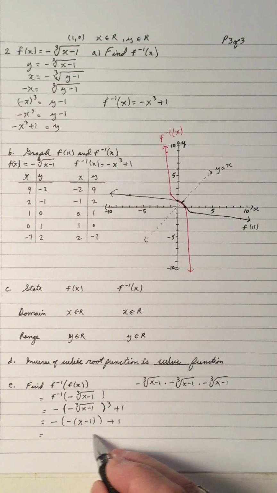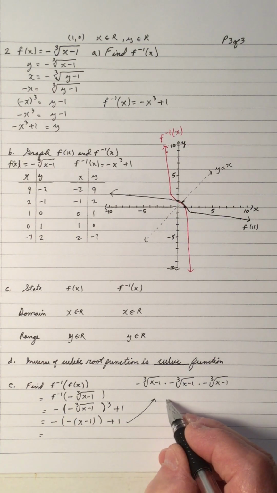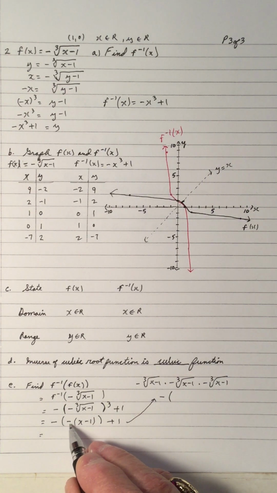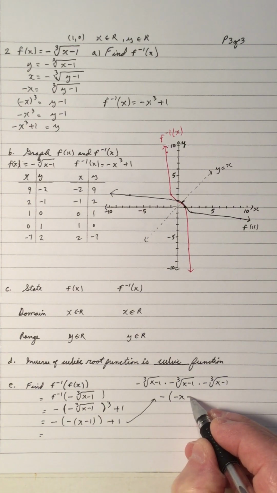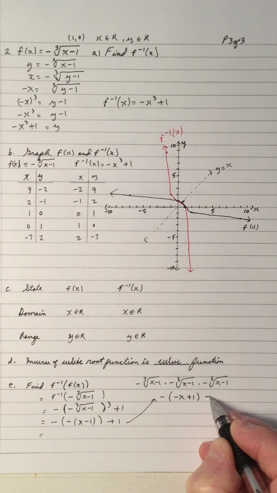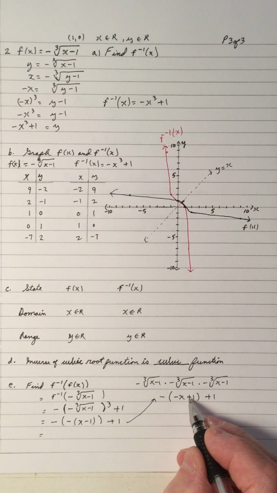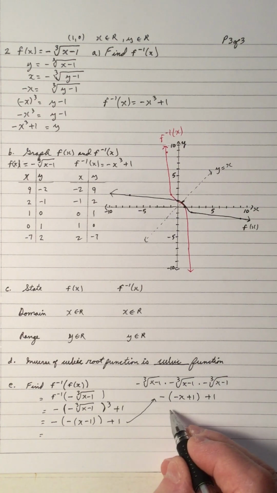So let's go over here. Notice I got a negative, so let's do the inside first. The negative of x is negative x. The negative of a negative 1 is a plus 1. So I did this first. Now I'm going to do the negative of that. I could have done a negative of a negative and made that a positive and just picked up the x.